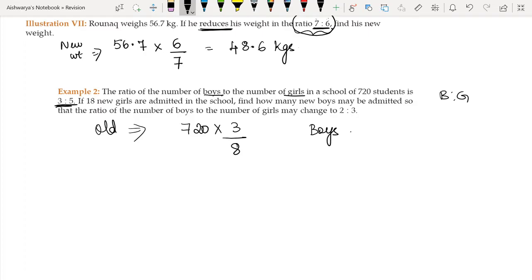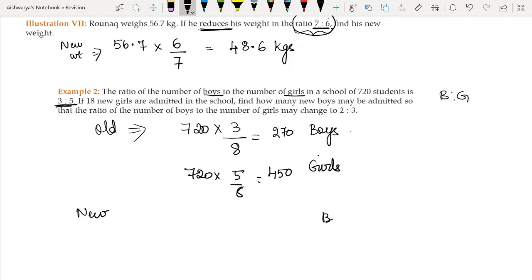You should divide by 8. So what will you get here? 720 into 3 divided by 8 on your calculator, 270. So the number of girls will be 720 into 5 by 8, the balance. Okay, so how much do you get? 450.